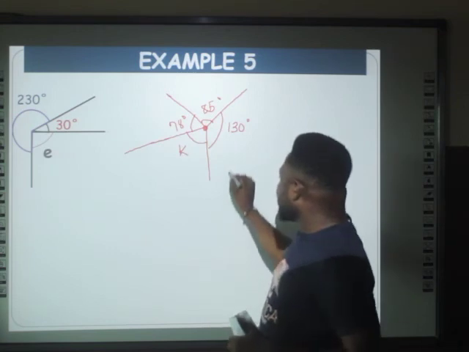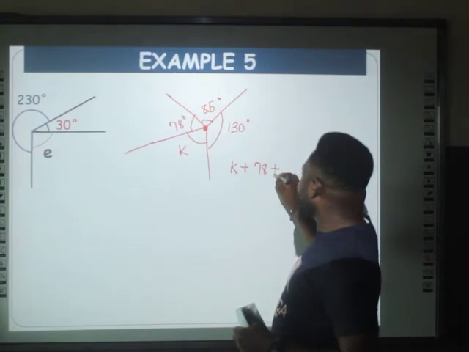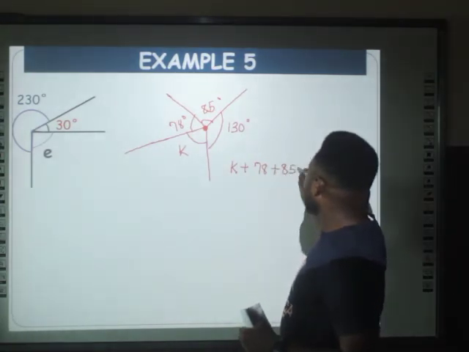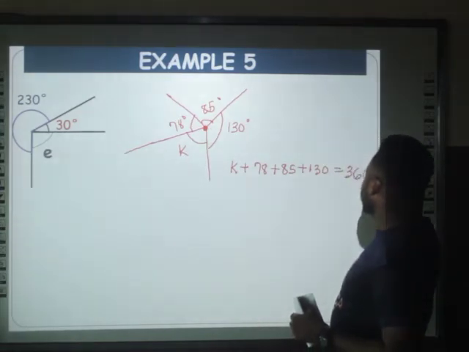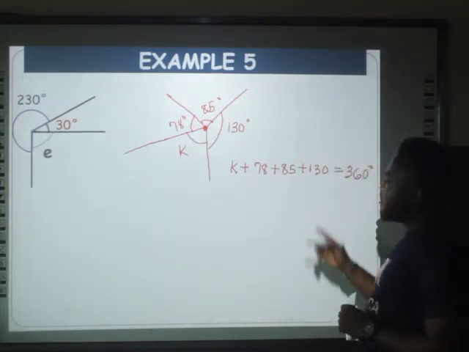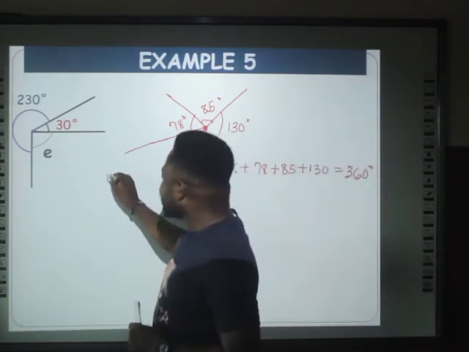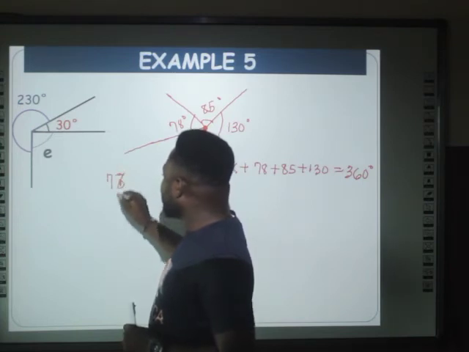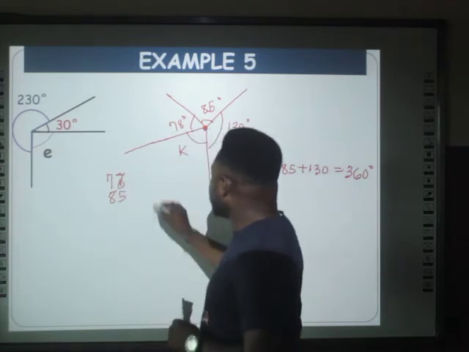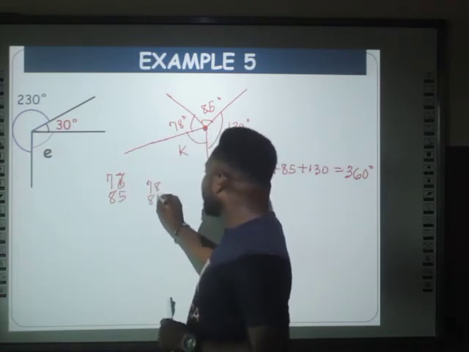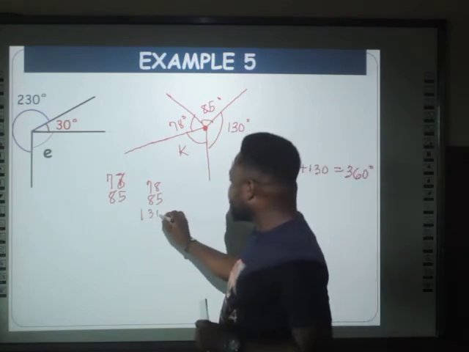That means you have K plus 78 plus 85 plus 130 must be equal to 360 degrees using our angle rule. So now let's add 78 plus 85 plus 130.